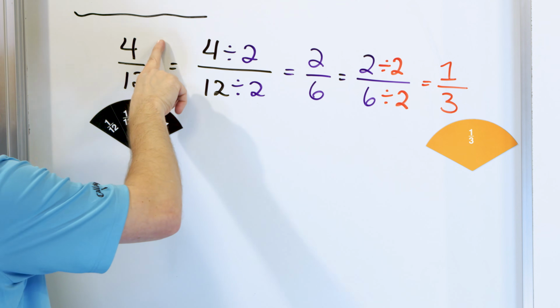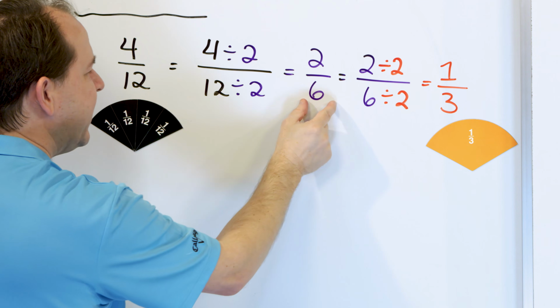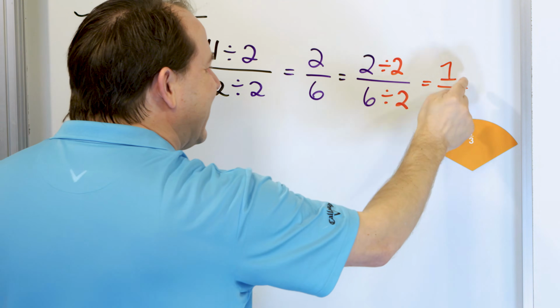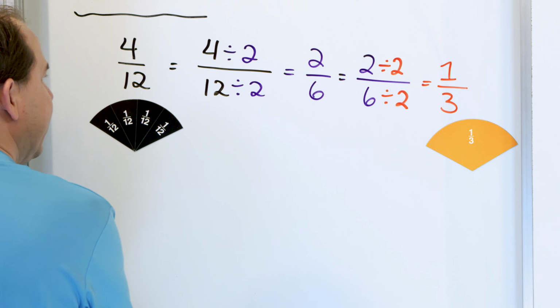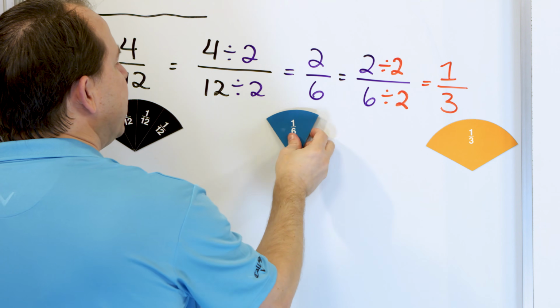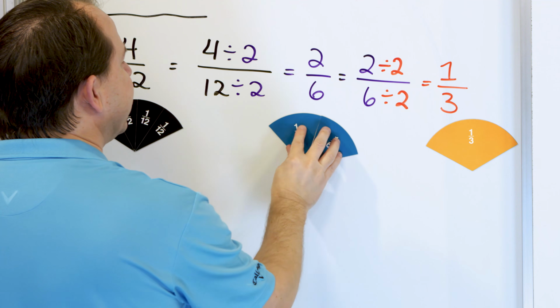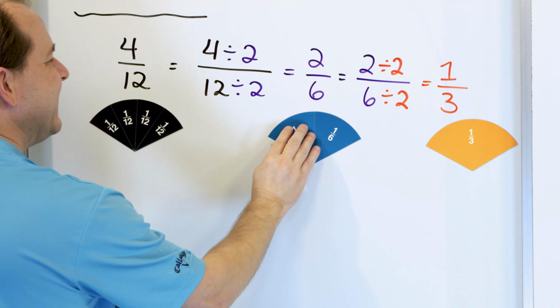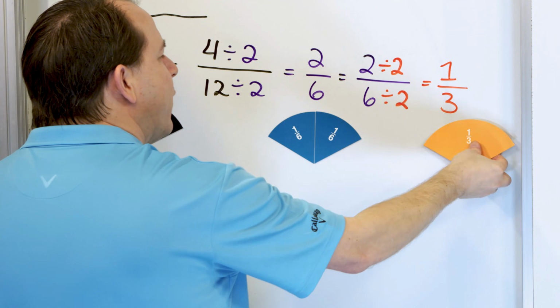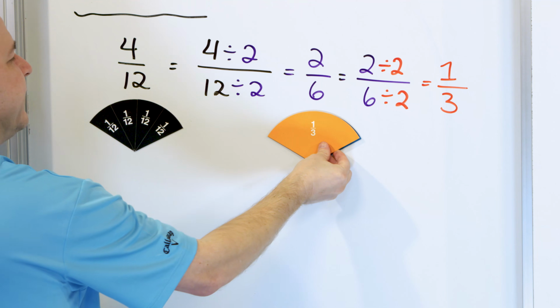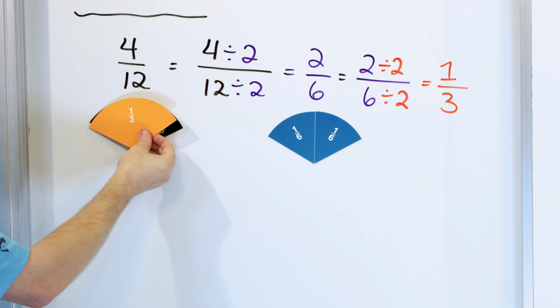Now notice that first we divided by 2 to get this, and then we simplified further in a second step to get this. Let's see what this is equal to. What is 2/6 here? Here's 1/6, here's 2/6. Because these are now cut into 6 larger slices, there's 2/6. And I think you can see that 1/3 is exactly the same as 2/6, which is also exactly the same as 4/12.